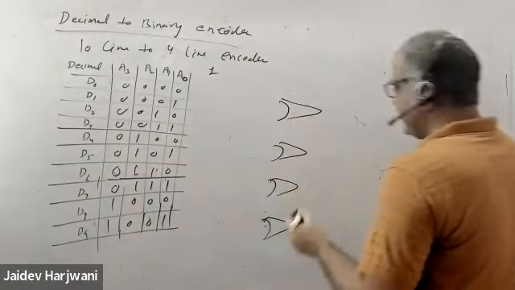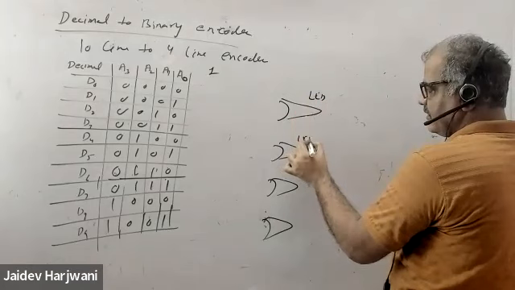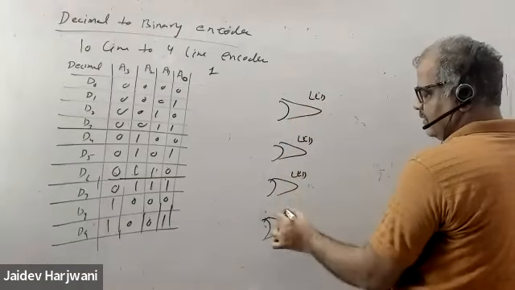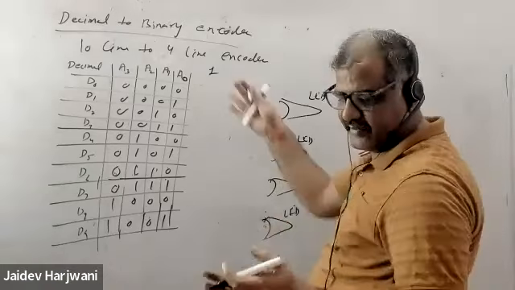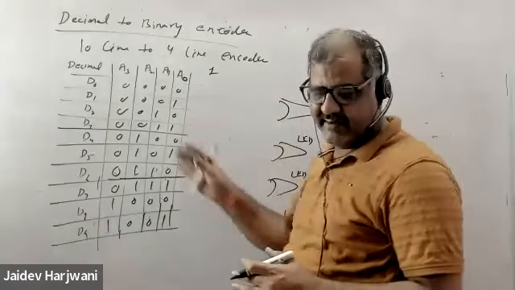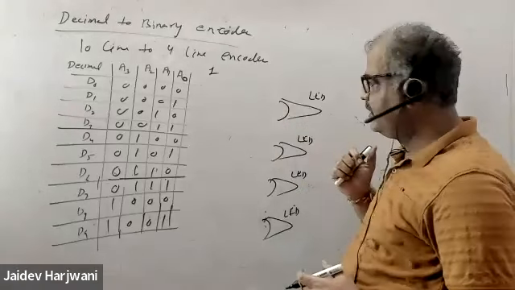Suppose I put an LED on each output. Now the circuit should tell me. I have designed the circuit mathematically. Now I want to check whether this circuit is really an encoder or not.